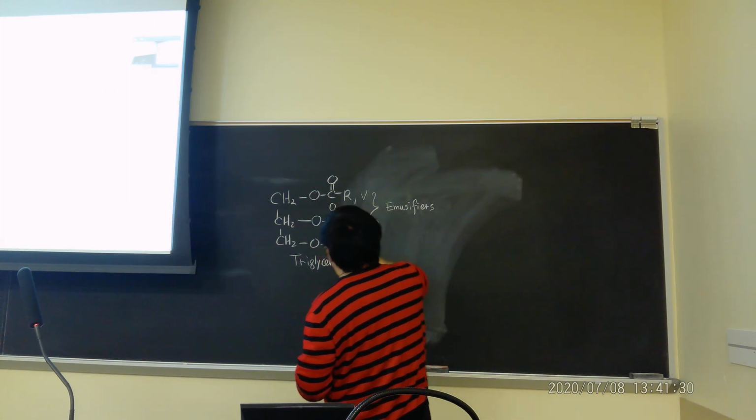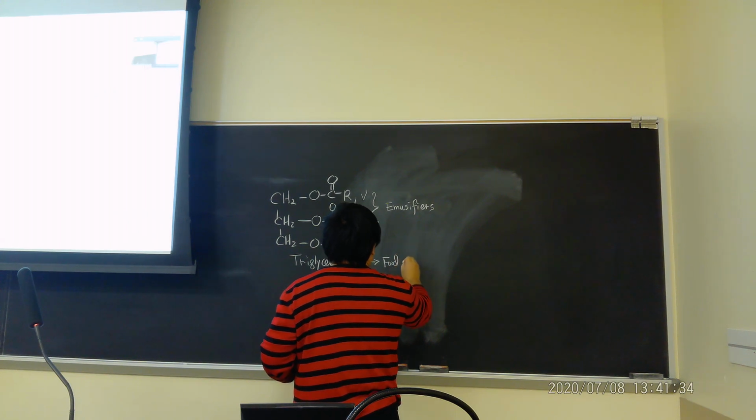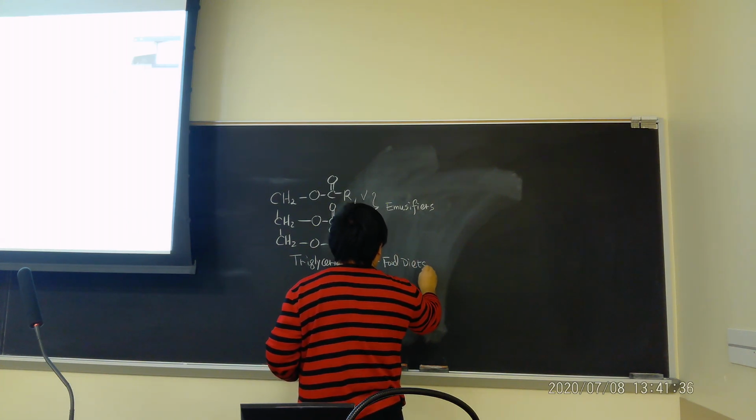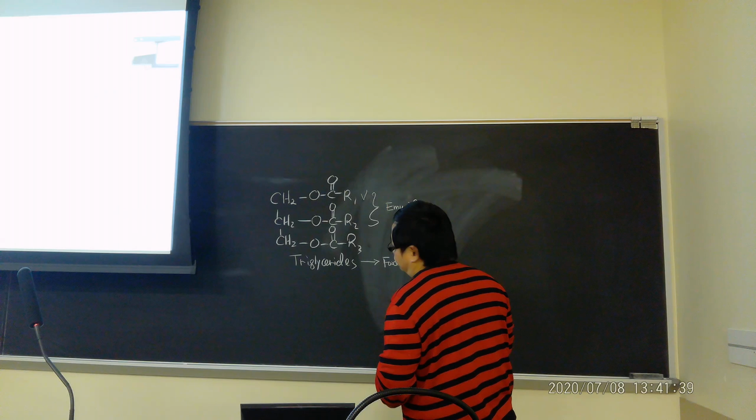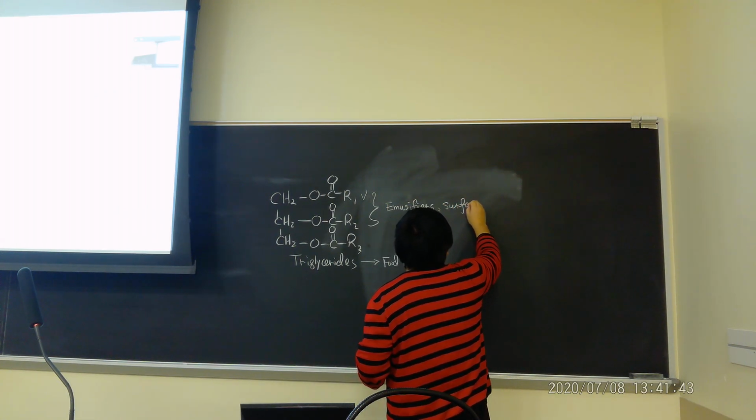And if it's triglycerols, this is usually food, diets, which is food products. Now, what is an emulsifier? This is usually a surfactant.